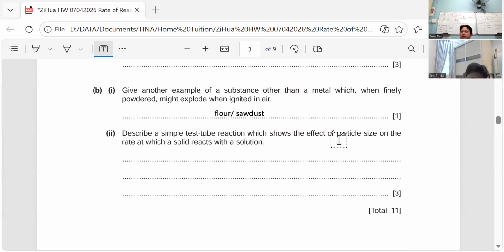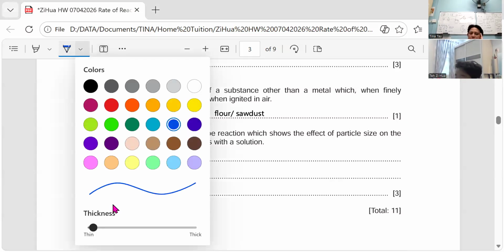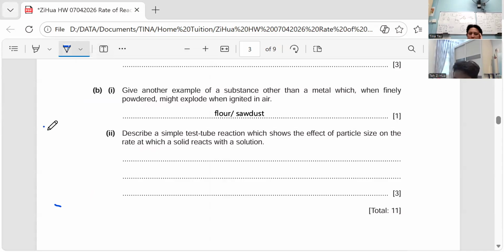All right. This one, right? What you do is take two test tubes. A simple experiment.